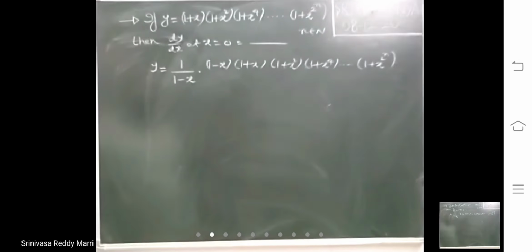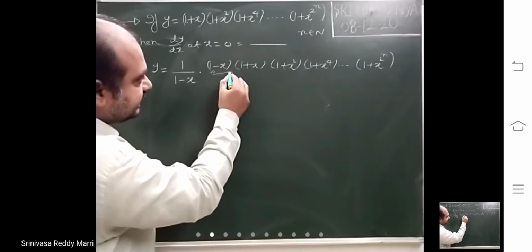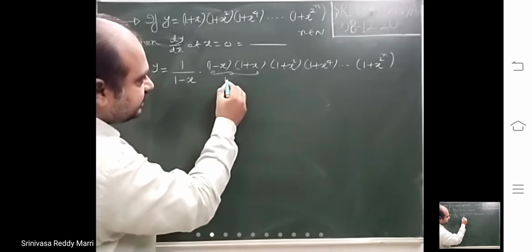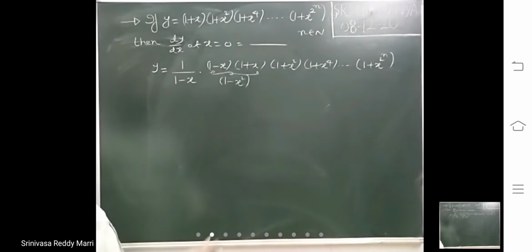Now if you club till two terms, you will get 1 minus x square, a plus b into a minus b.